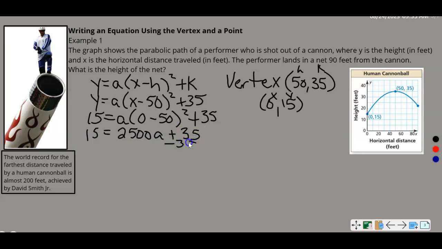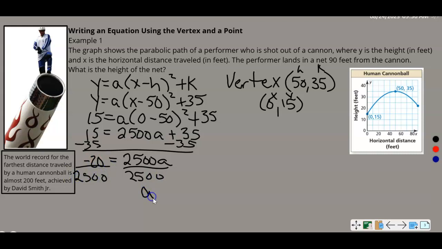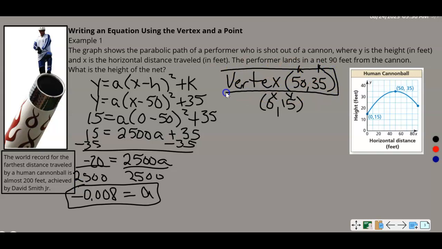We subtract 35, which gives us negative 20. To solve for a, we divide by 2,500. So a is equal to negative 0.008.